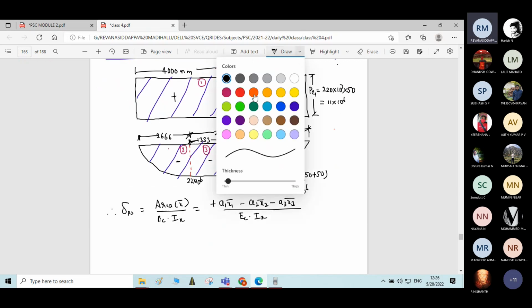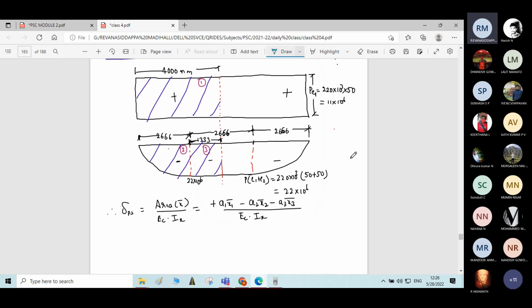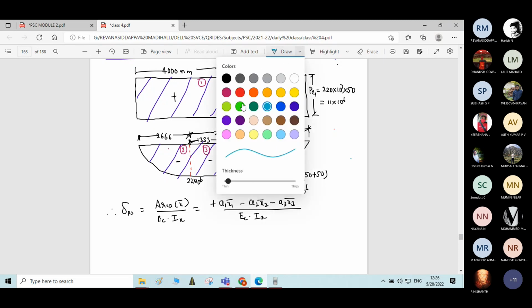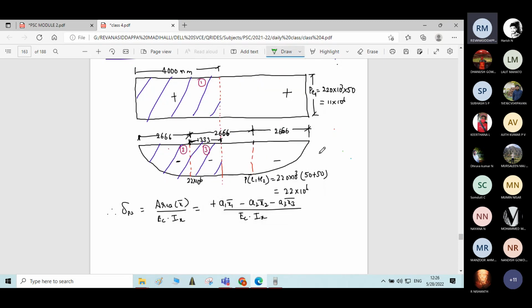Let me mark all the centroidal distances here. Now the distance of rectangle 1 is x1 bar. The total length is 8000, and 8000 divided by 2 is 4000.